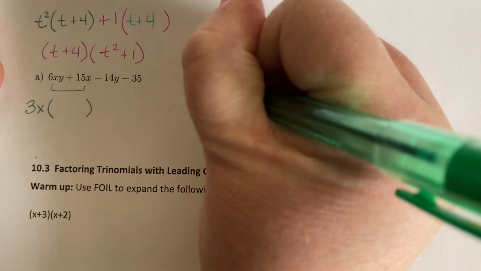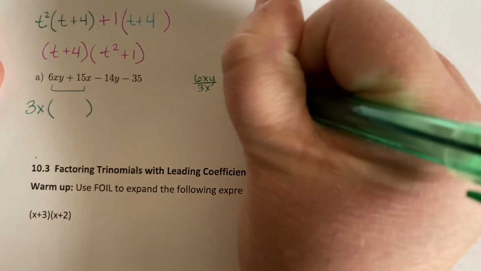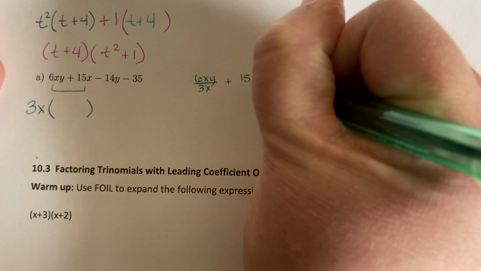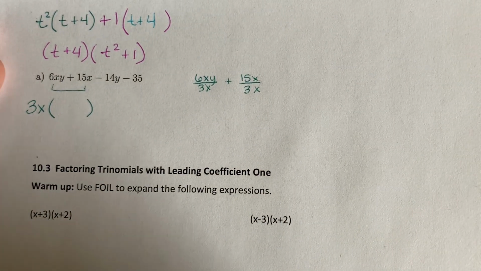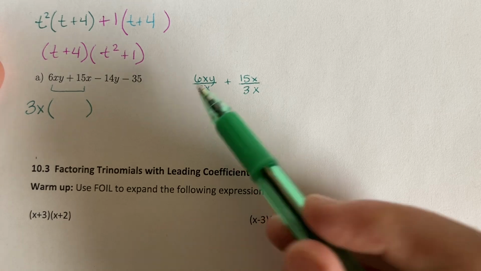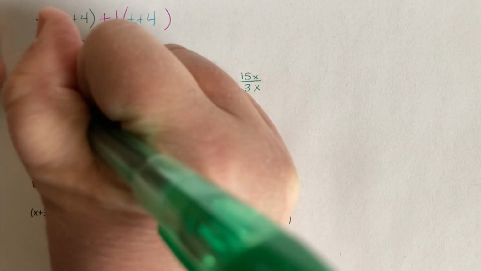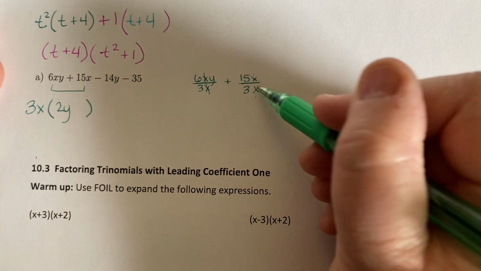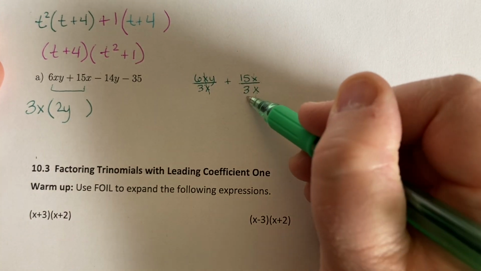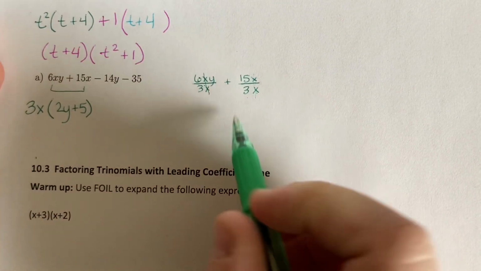If it helps, you can write it out. Factoring out a GCF just means dividing. So we're dividing both 6xy and 15x by 3x. Here, 6 divided by 3 is 2. The x's cancel, so it's going to be 2y. Here, the x's cancel again, and 15 divided by 3 is 5. So that'll be plus 5 because there's a plus sign in the middle.